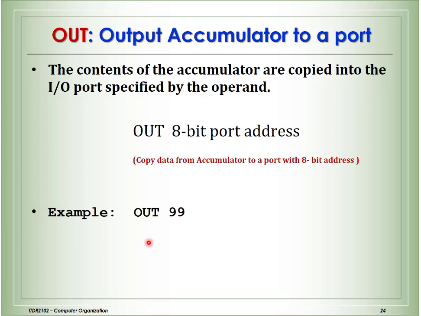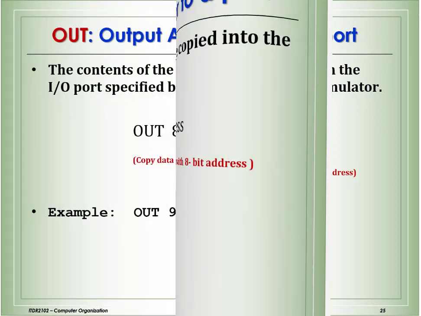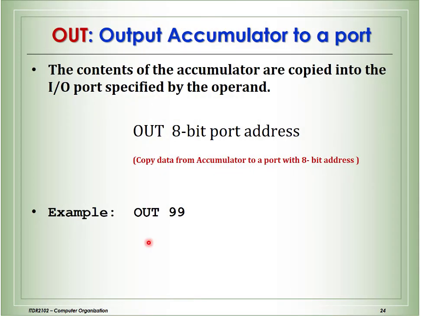Now here there are two kinds of ports we are using, input and output. This is the output port and this is the input port. In the output instruction, the contents of the accumulator are copied into the IO port specified by the operand. It means we copy the data from the accumulator to the port with an 8-bit address, like out 19.